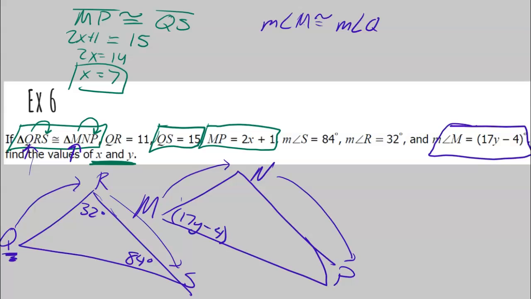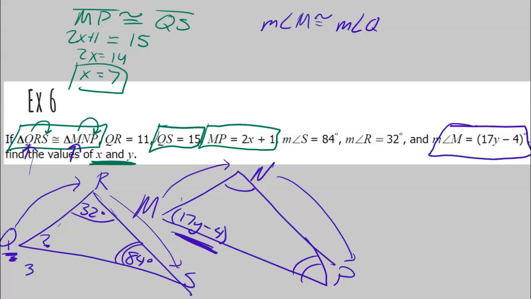There's a few different ways we can solve this. One, we can associate angle R is congruent to angle N, angle P is congruent to angle S, and add everything up to 180 degrees. Or we can figure out what the measure of angle Q is and then set that equal to the measure of M, which is what I'm going to do.